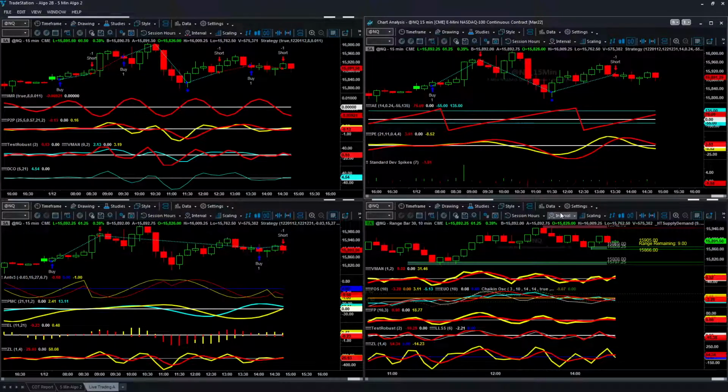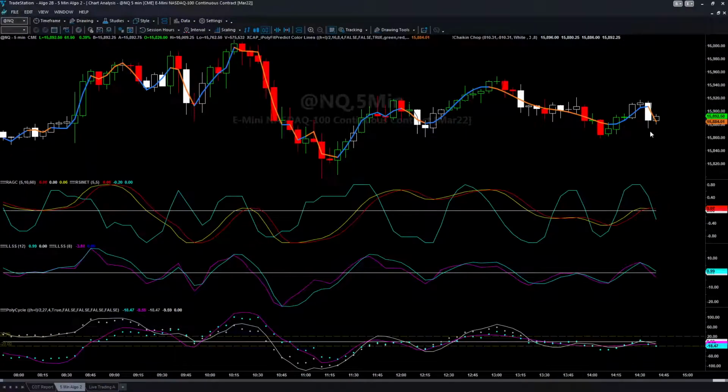All right, bad boy, let's go. It's back in chop zone again. See that right there? Chop zone, right there. I'm gonna keep the screen up just for a little bit.